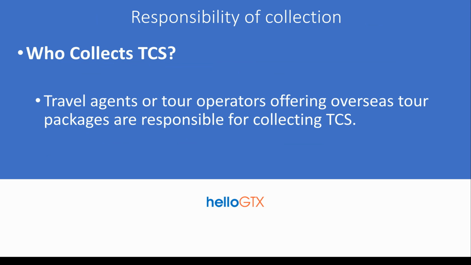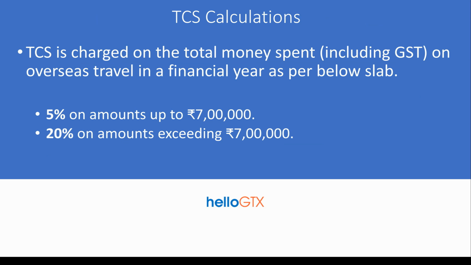Everybody knows all about this, but how the calculations are happening, they are very complicated, especially when we are dealing in the GST, TCS, there are multiple PAN cards, travel is happening in a similar year or is going to be in the next financial year, so collection is happening in the 2 financial years.